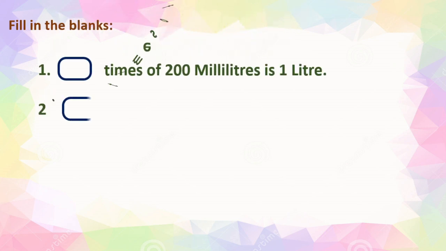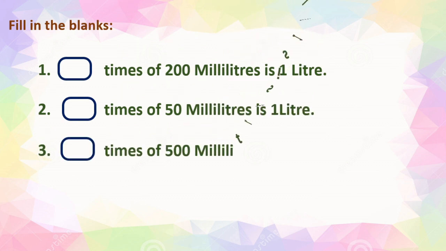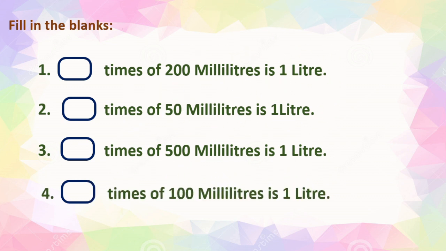Fill in the blanks. Okay, here we will see some fill in the blanks. Please try to read this. See, dear children, here first one, dash times of 200 milliliters is 1 liter.